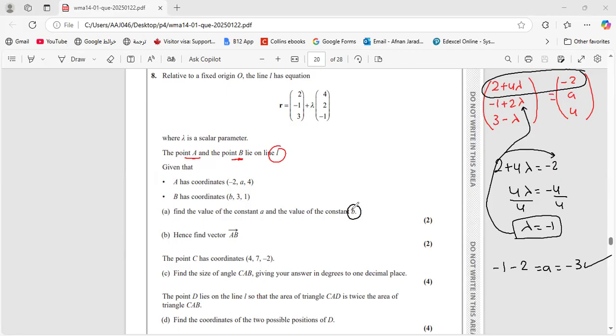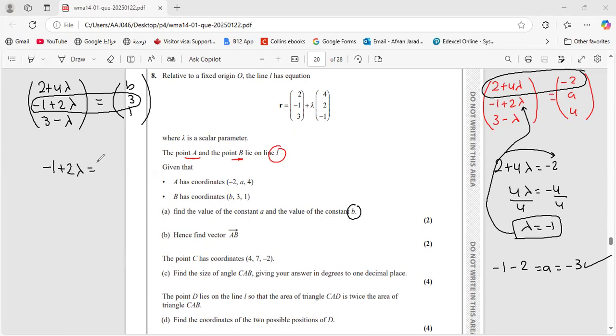To find the value of b, exactly the same. Take this one, 2 plus 4 lambda, negative 1 plus 2 lambda, 3 minus lambda. This must equal b, 3, 1. Take a full equation, for example the second one, to find lambda. So negative 1 plus 2 lambda equals 3.